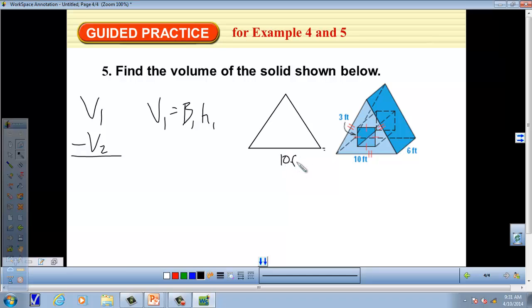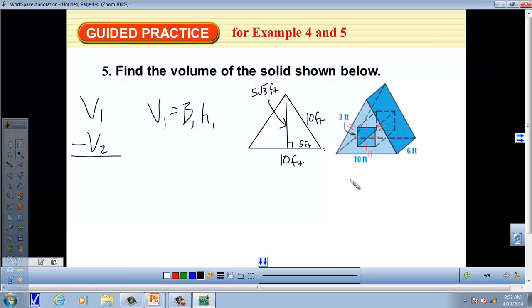We know this is 10 feet, and if I draw a line going straight down, this ends up being 5 feet. And you notice this is 60 degrees because it's equilateral, therefore it's equiangular. That makes this a 30, 60, 90 triangle. And if that's 5 feet, this is 10 feet right here. And hopefully we know that this right here would be 5 root 3 feet.